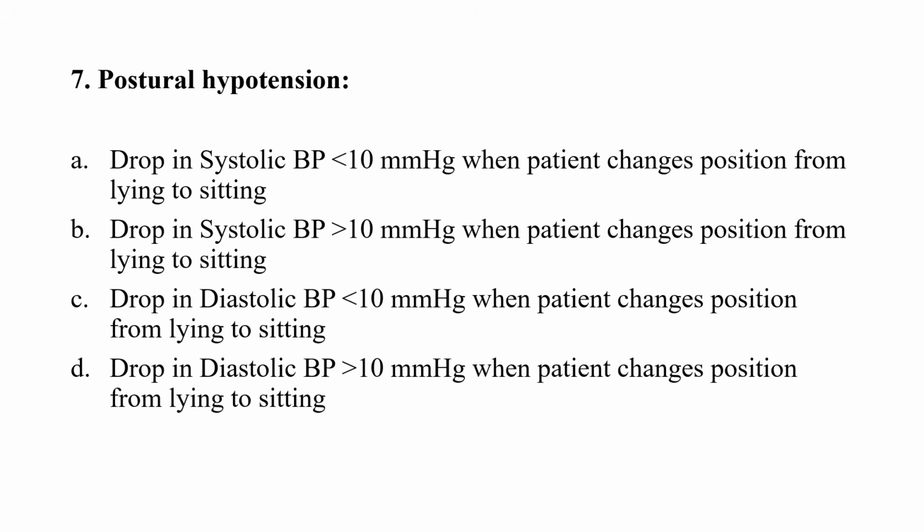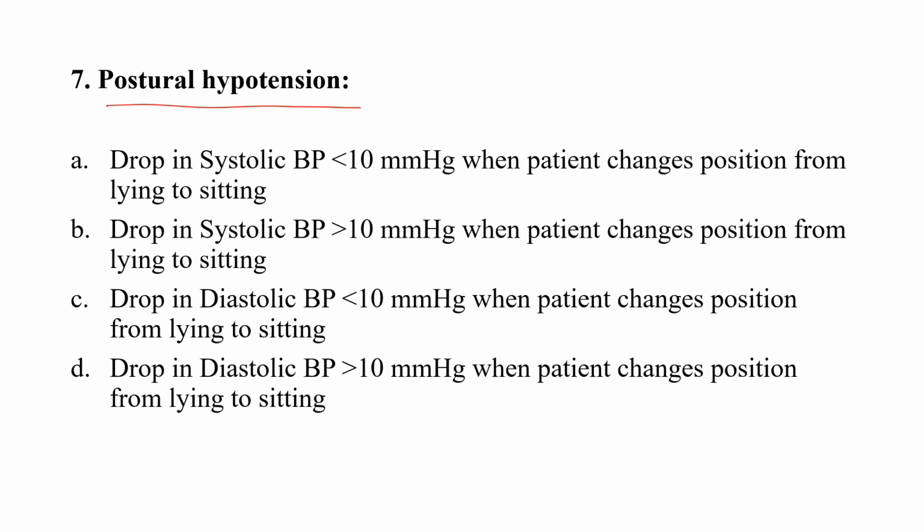Question number 7. Postural hypotension. Option A, drop in systolic BP of less than 10 mm of mercury when a patient changes position from lying to sitting. Option B, drop in systolic BP of more than 10 mm of mercury when a patient changes position from lying to sitting. Option C, drop in diastolic BP of less than 10 mm of mercury when a patient changes position from lying to sitting.